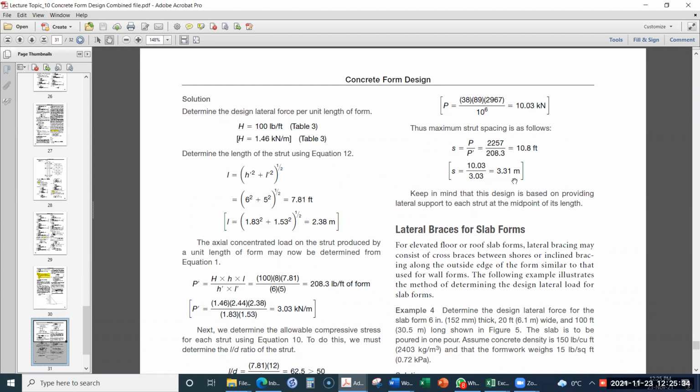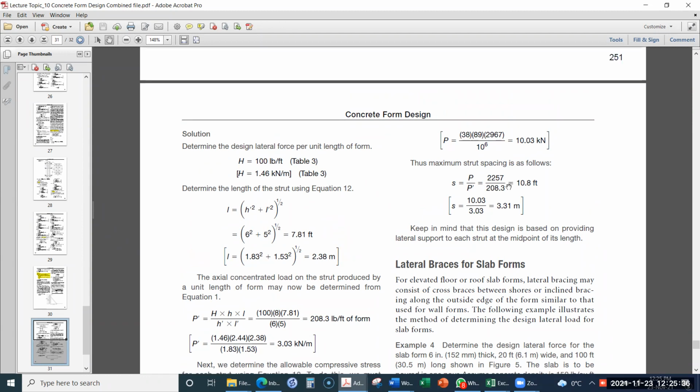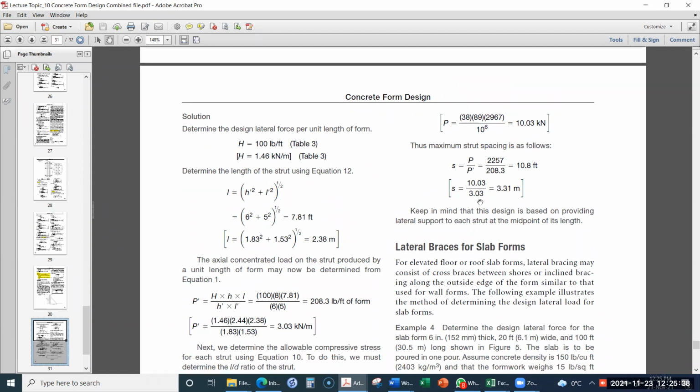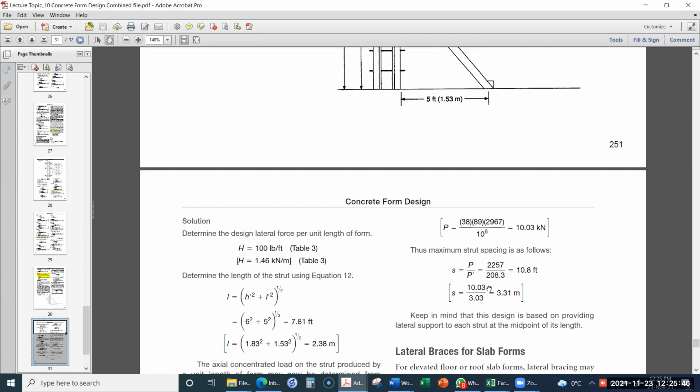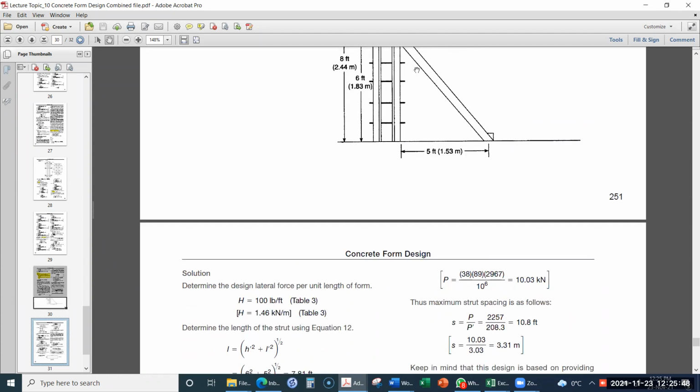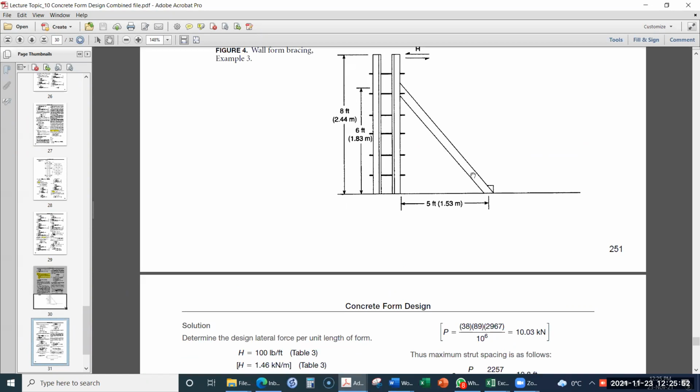So this is our required answer. This means that we will provide this lateral bracing at a distance of 3.31 meter. That is, there will be one bracing, and another bracing will be at 3.31 meter.